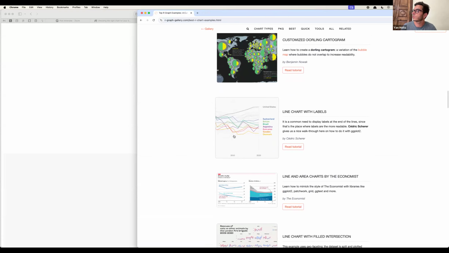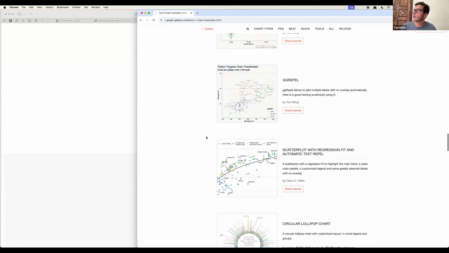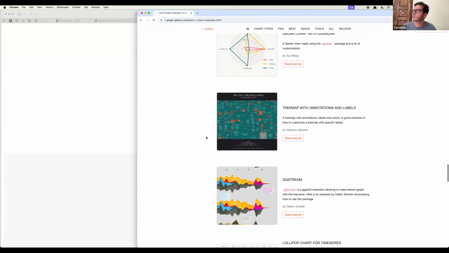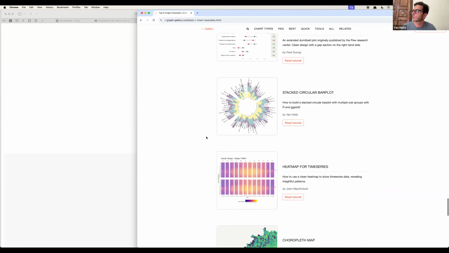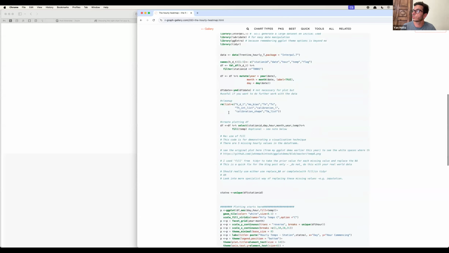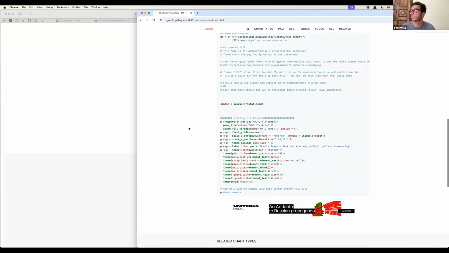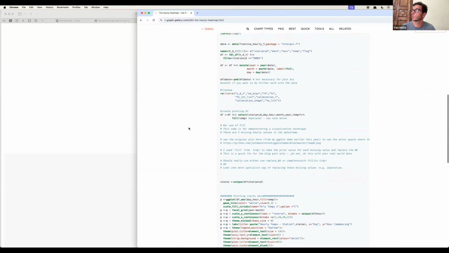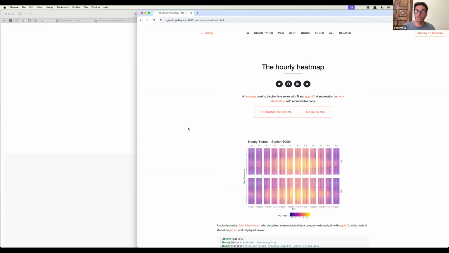If you're interested in one, you can click on it, and you're going to have a tutorial explaining how to do it. So let's say I want to see this one, for instance. You've got the full code. Usually it's a lot of code, and it explains how it works. So if you like creating charts with R, data-to-viz.com and r-graph-gallery.com can definitely be useful to you to create some great charts.